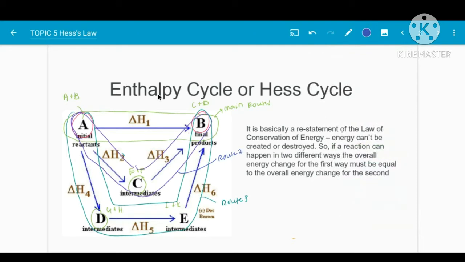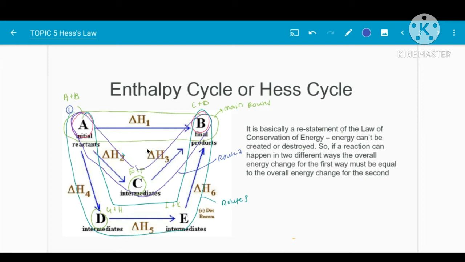During the enthalpy cycle, inside the enthalpy cycle, we must know how to identify the routes. Make sure the routes start from the same initial reactants. I label it as 1. In an enthalpy cycle, there is a series of chemical reactions, and at the end they still produce the same product.